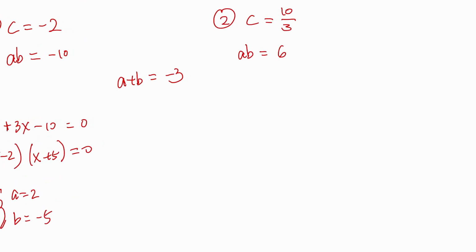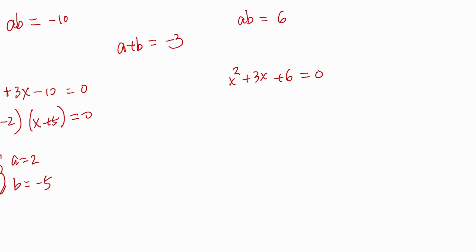How about in this case: x squared plus 3x plus 6 is equal to 0, which means there is no x, because the discriminant, b squared minus 4ac, is less than 0.